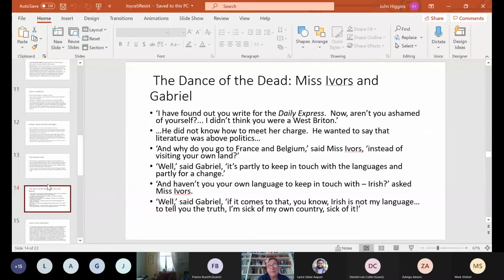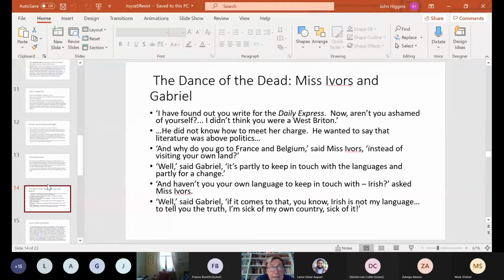And of course, it comes up again and again, not only in Stephen Hero and A Portrait of the Artist, but also before that in Dubliners, in the final story of Dubliners in particular, the extraordinary story, The Dead.